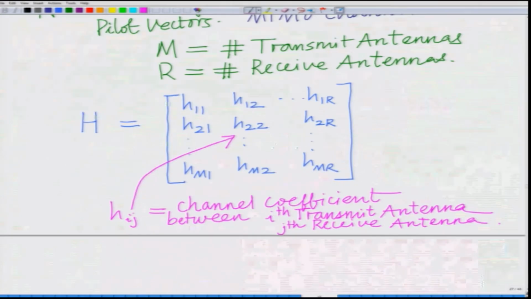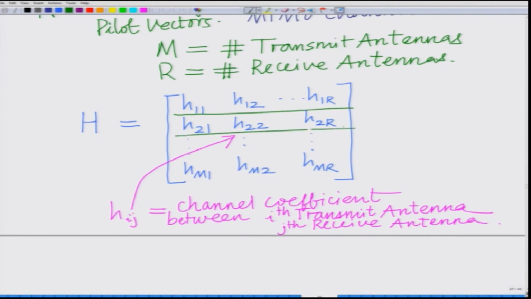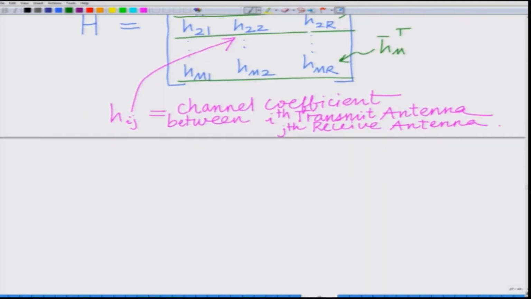What we are going to do now is organize this as a grouping of rows. So, let us call the first row H1 bar transpose, the second row H2 bar transpose, and the last row HM bar transpose, because each row is a row vector, and I am denoting it by the transpose of a column vector.